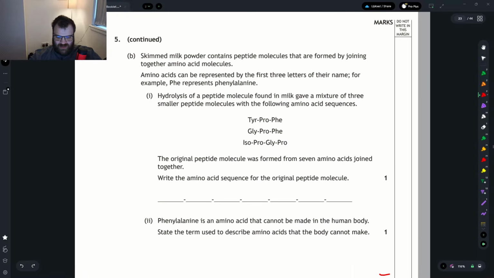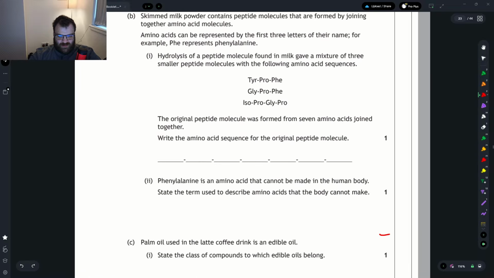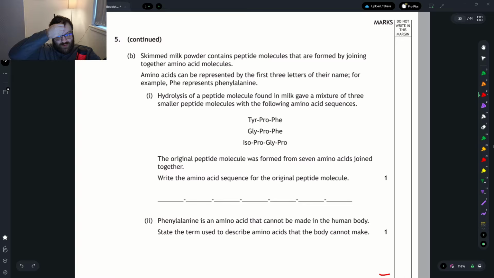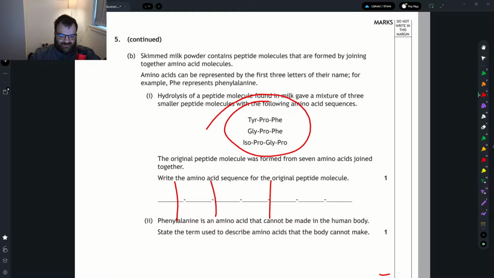And moving on, we're asked about our amino acid. We have a protein chain that's been cut up, been hydrolysed to give these amino acid sequences, and we're trying to write the original sequence. That means we can chop it at different points and get these fragments. So I am looking for some overlap.